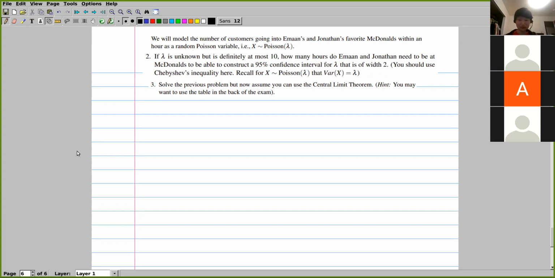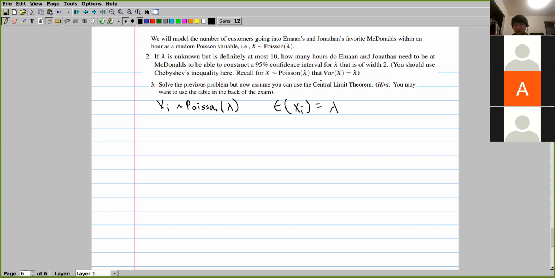First of all, our xi are going to be Poisson lambda, and we want to estimate this. So we use the fact that the expectation of a Poisson is its parameter. So E of xi is going to be lambda.